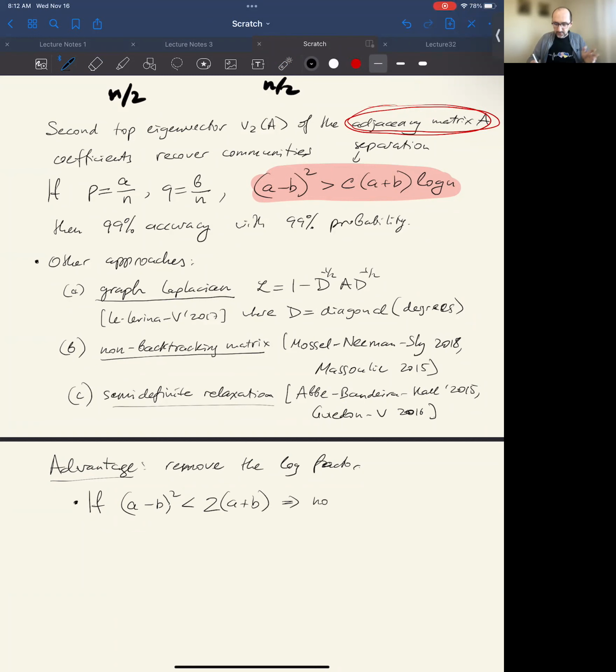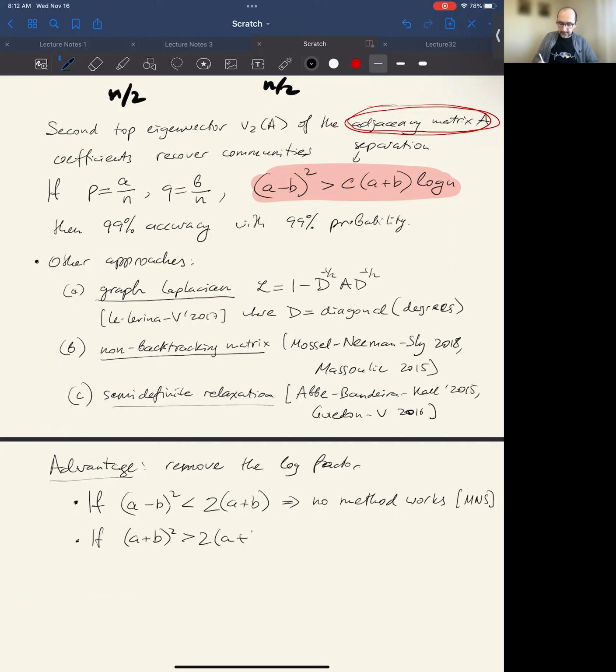It's a bad situation, no separation, no method works. This is Mossel, Neeman, and Sly's result. No method works means that you can as well just flip a coin and decide who is a boy, who is a girl. No method works with accuracy more than 50%. But this is a sharp threshold.